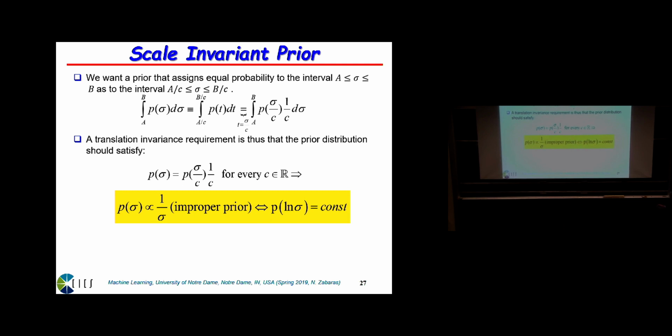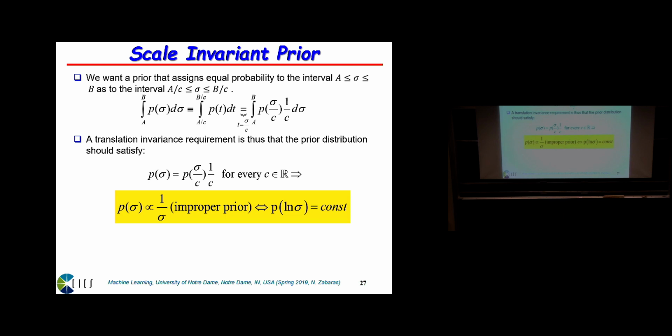And where do we use this? We use this for the variance, or you can think of this as the standard deviation as well. P of sigma is equal to 1 over sigma, or equivalently, P of log of sigma is constant. By the way, if P of sigma is 1 over sigma, what's the P of sigma squared? Using the transformation laws.